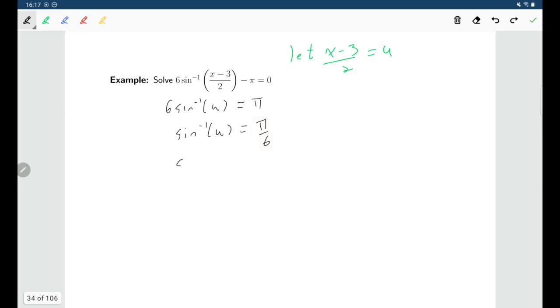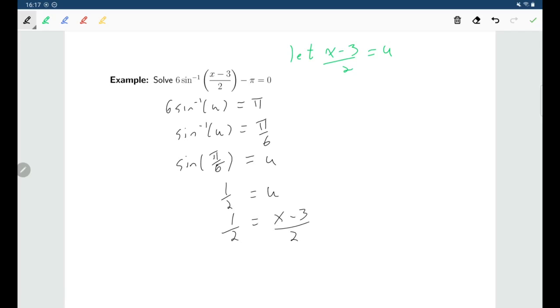We can say that sine of pi over 6 should be u. And again, using your special triangle, you can find that sine of pi over 6 is a half. So u should be 1/2. And now, going backwards, we know what u is. u is x minus 3 over 2.